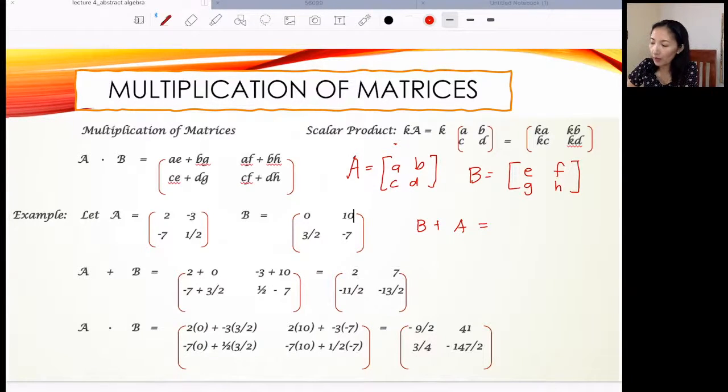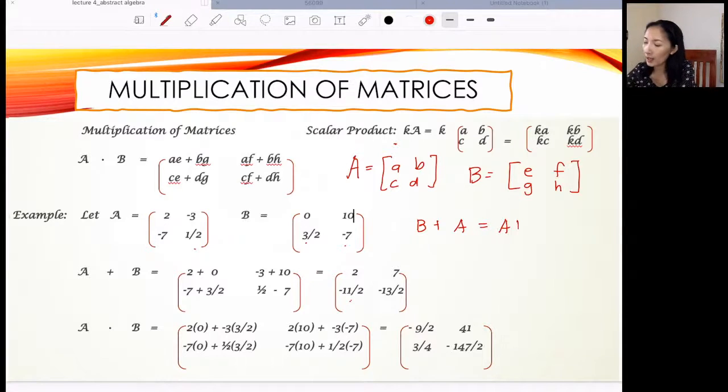Yes, because you'll have 0 plus 2 is 2, 10 minus 3 is 7, just the same. 3 over 2 minus 7 is negative 11 over 2, and negative 7 plus 1 half will still yield negative 13 over 2. So it's still commutative. B plus A is equal to A plus B.